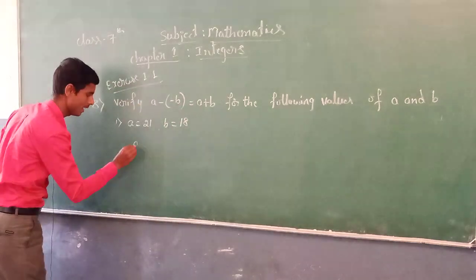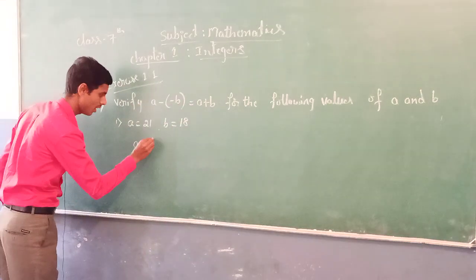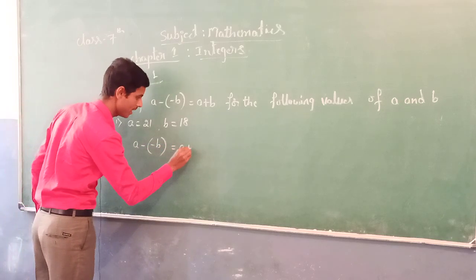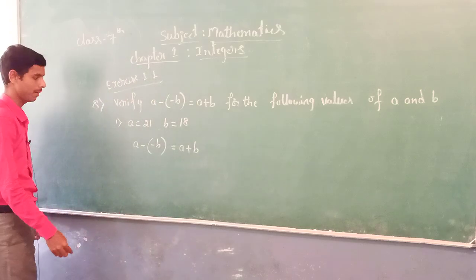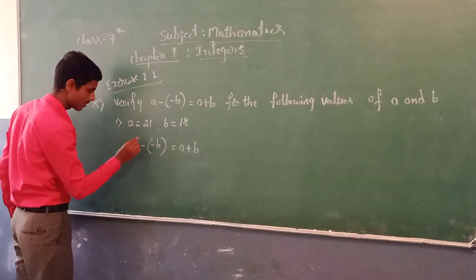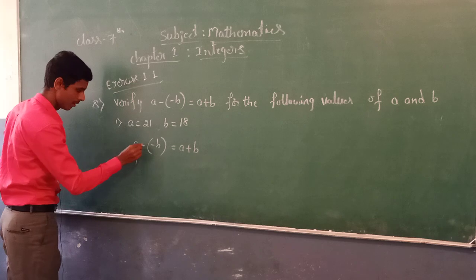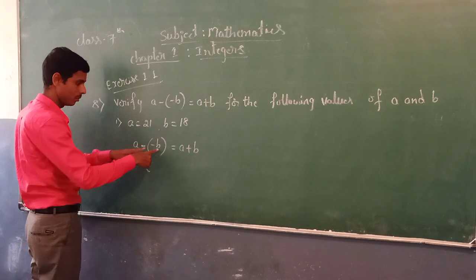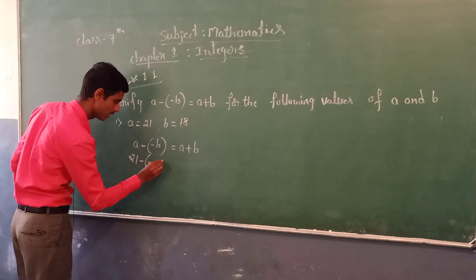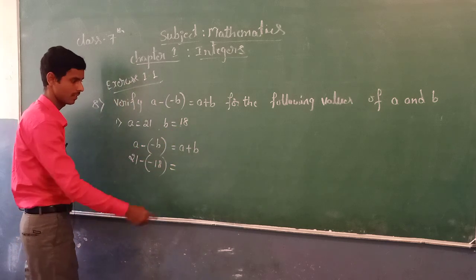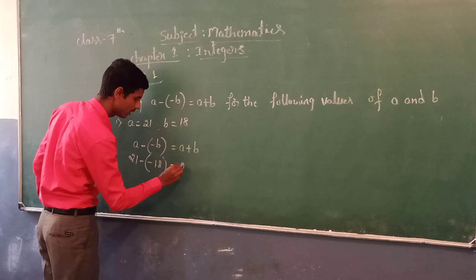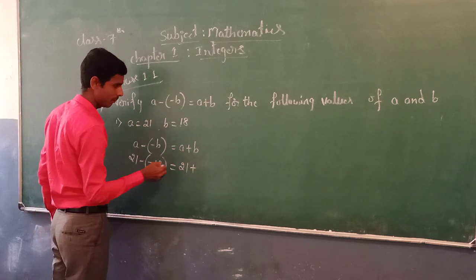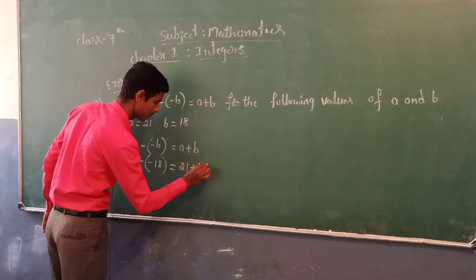A minus of minus B equals A plus B. A means 21 minus of minus B is 18 equals A is 21 plus, in the statement we have plus, we will write plus 18.